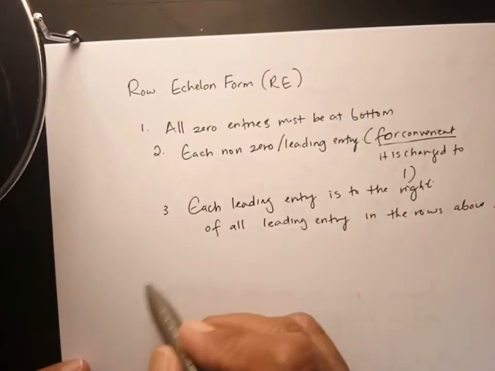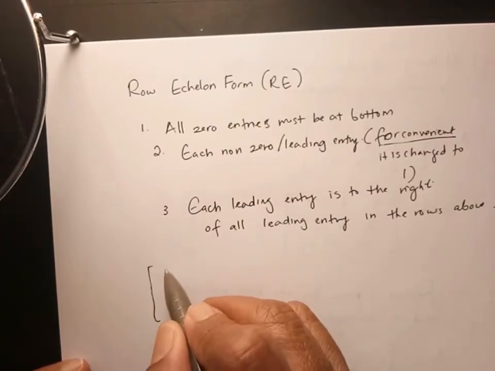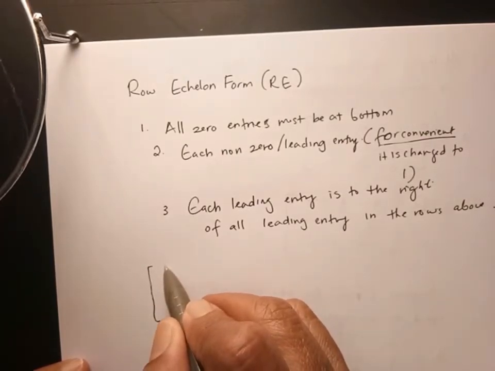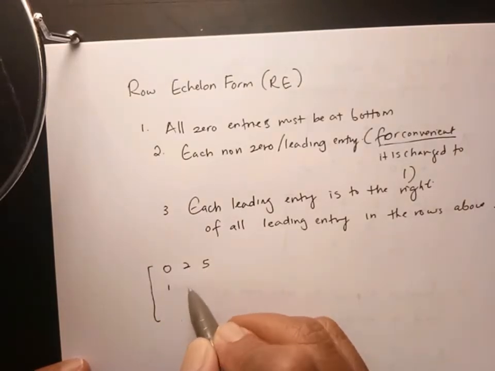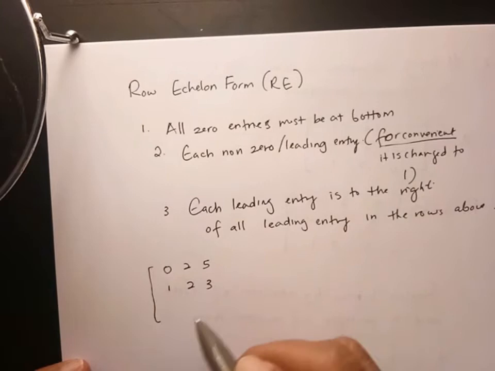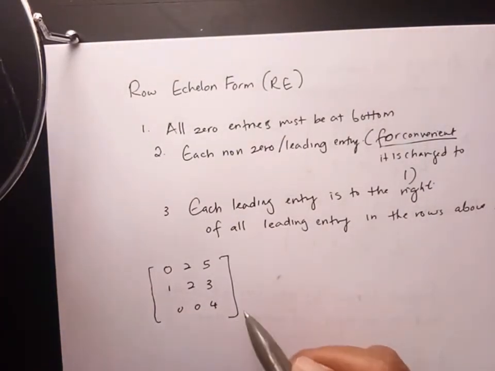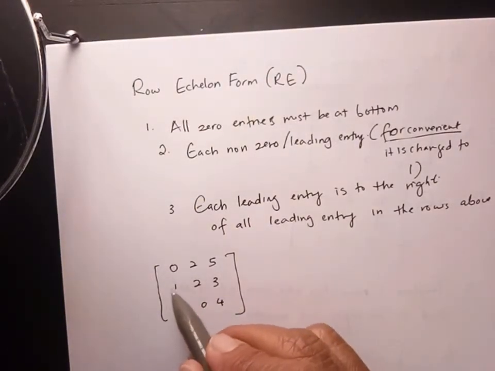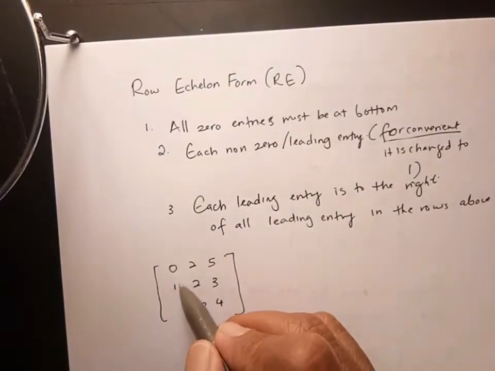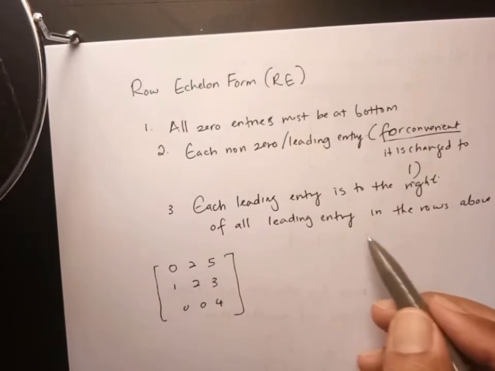As an example, we have a matrix like 0, 2, 5, 1, 2, 3, and 0, 0, 4. This is not in row echelon form, because the first non-zero entry is not to the right of the leading entry above.